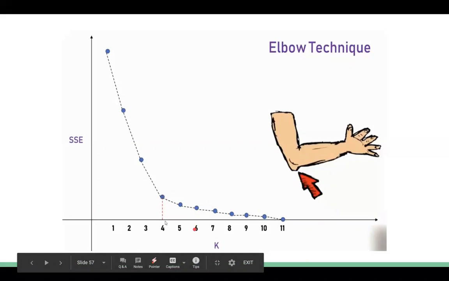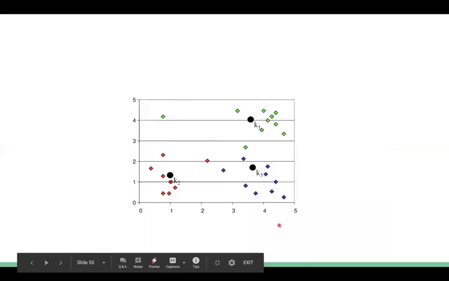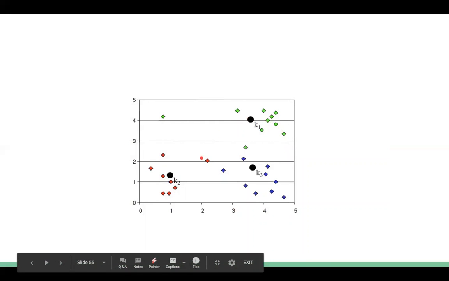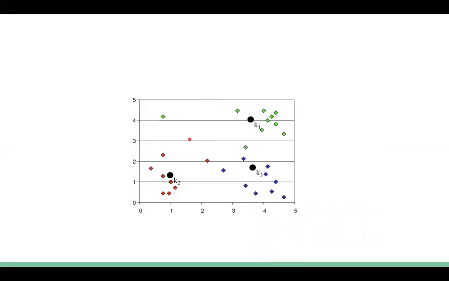As you keep increasing the number of clusters, what will happen? Let's say in this graph, there are only 11 points. Now I vary my k from 1 to 11. k equals 1 means all the 11 points are considered as a single cluster.